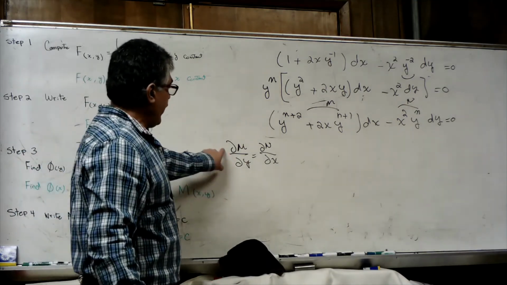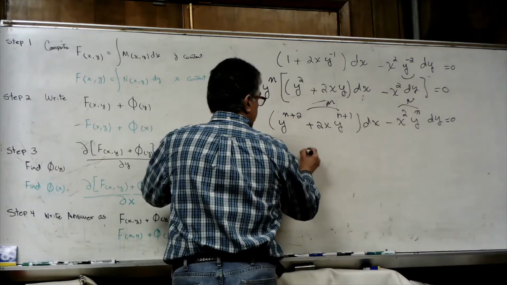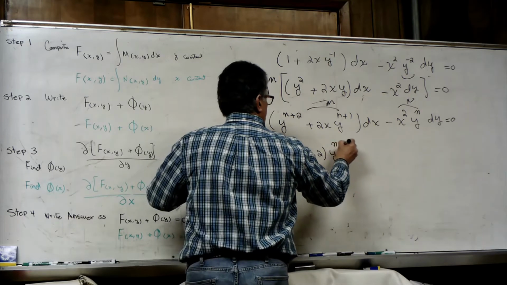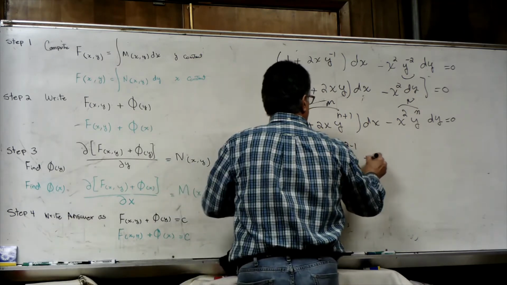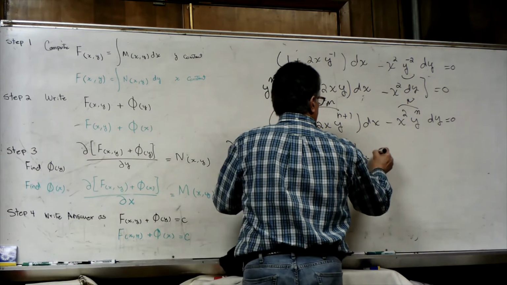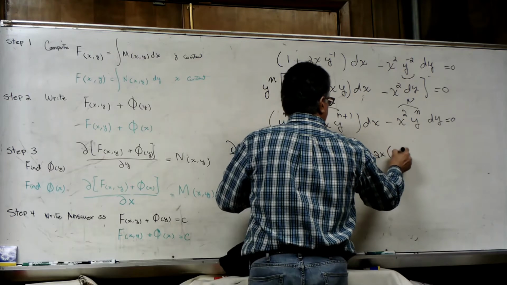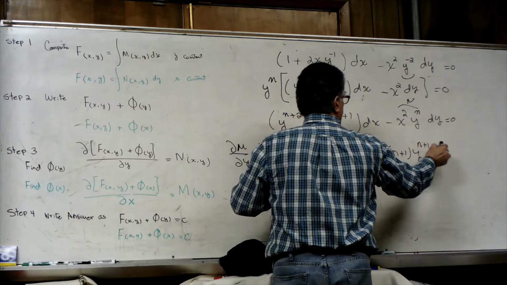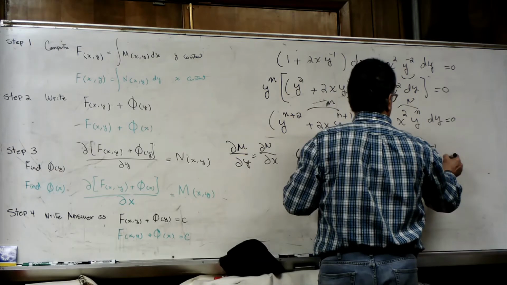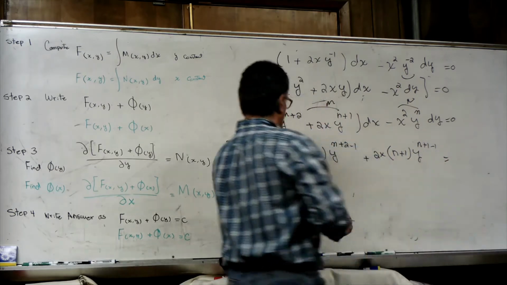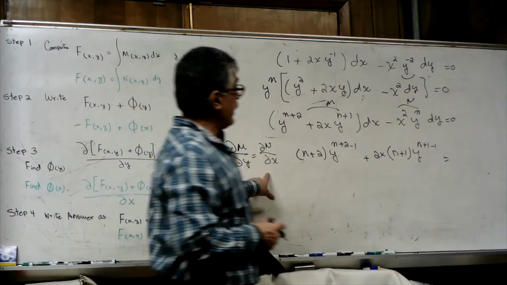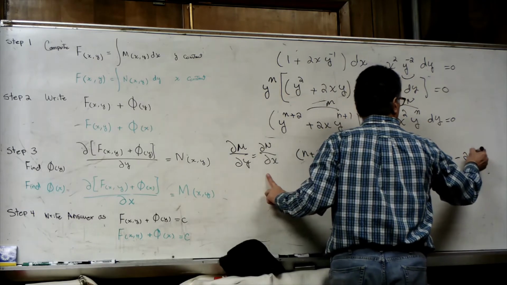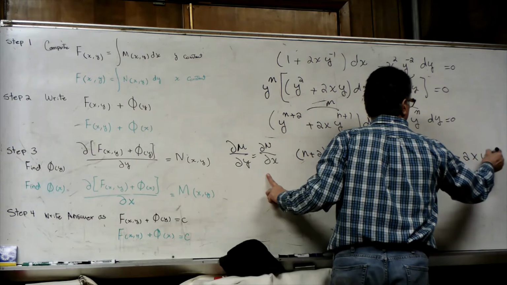So the partial derivative of M with respect to y will be n plus 2 multiplied by y to the power n plus 2 minus 1, plus 2x multiplied by n plus 1 y to the power n plus 1 minus 1, equal to the partial derivative of N with respect to x, which is equal to minus 2xy to the power n.